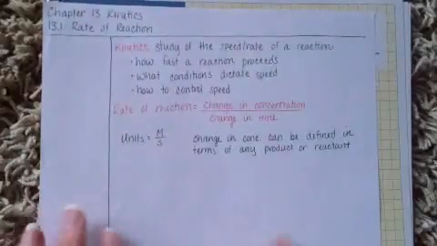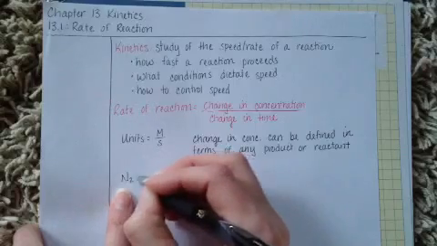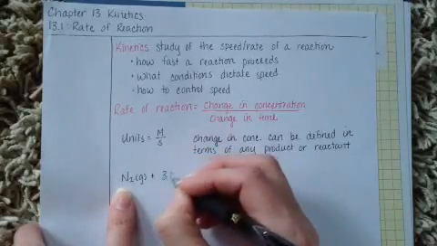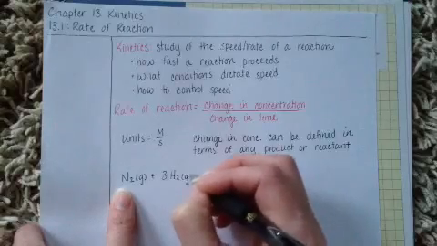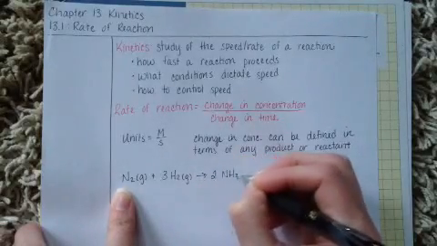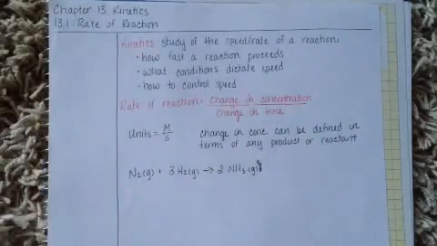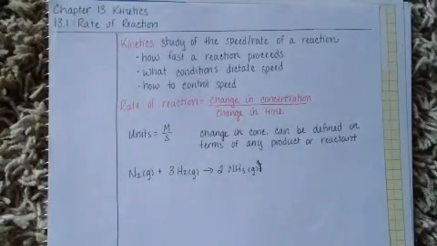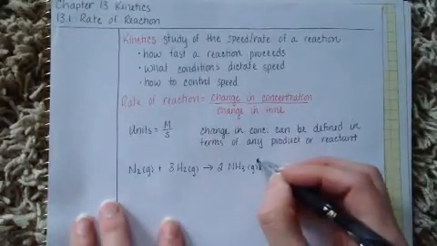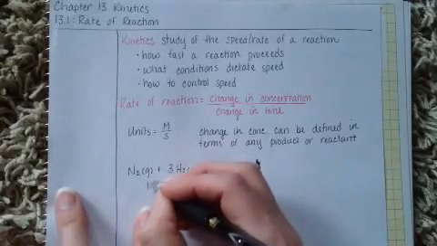So, for example, consider the production of ammonia from nitrogen gas and hydrogen gas. If we wanted to monitor or measure the rate of this reaction, we could choose to calculate it using any one of the three chemicals that are in this equation.